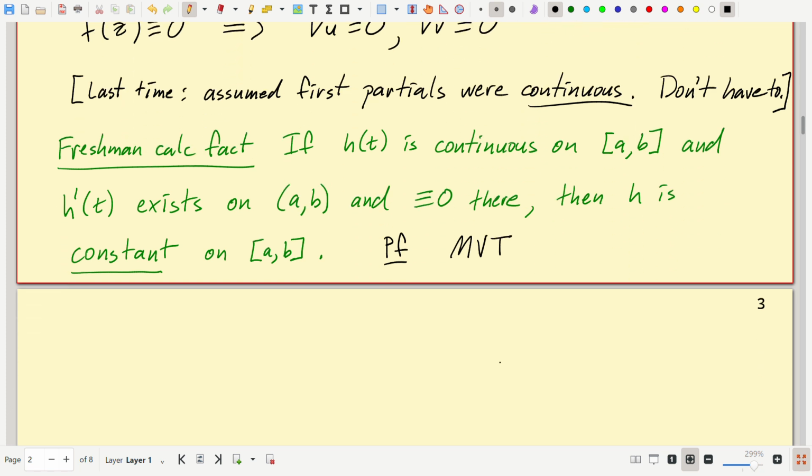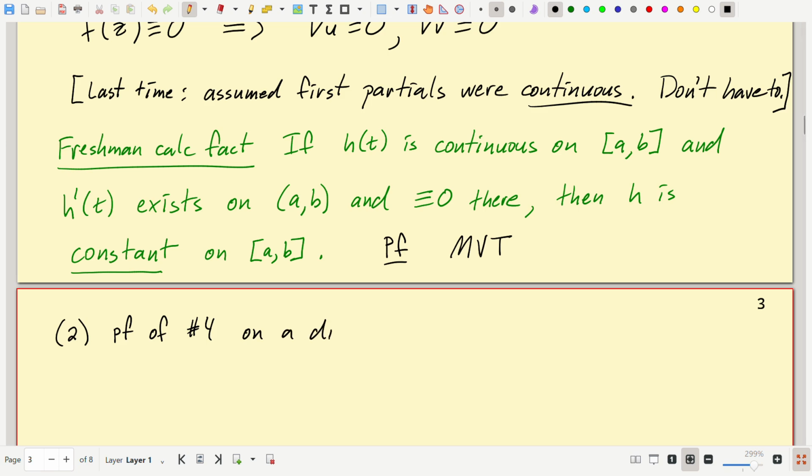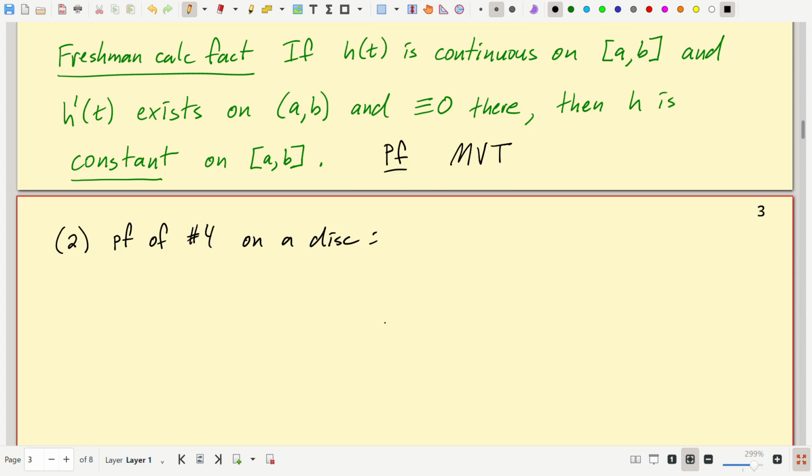Okay, so now I'm going to prove my fact on a disk first. The proof of number 4 on a disk, just to get rolling. So, I've got a disk. Here's the center of the disk. And here's a point Z in the disk.